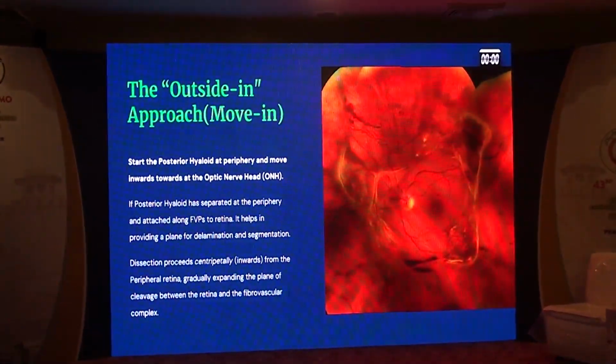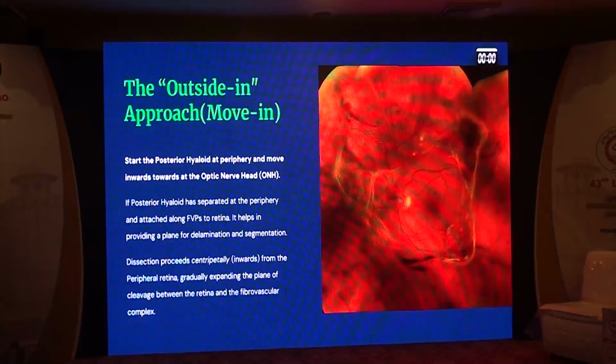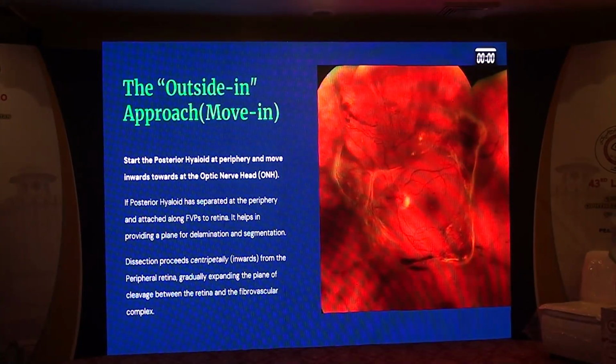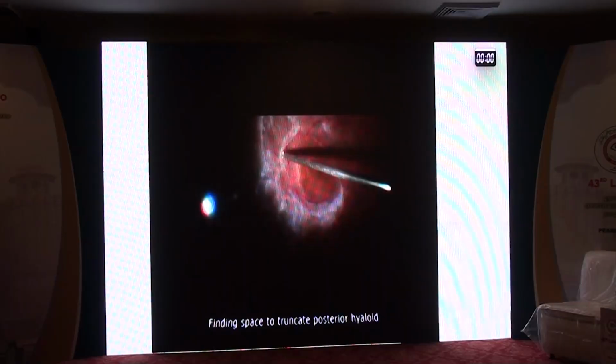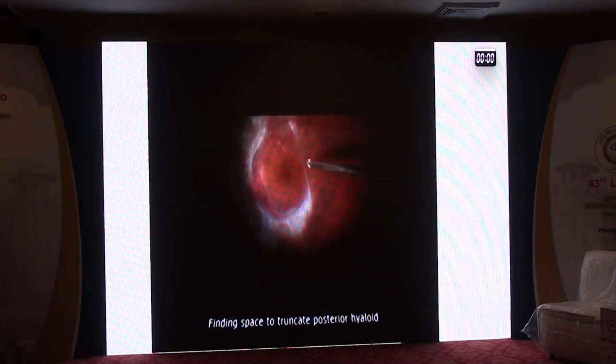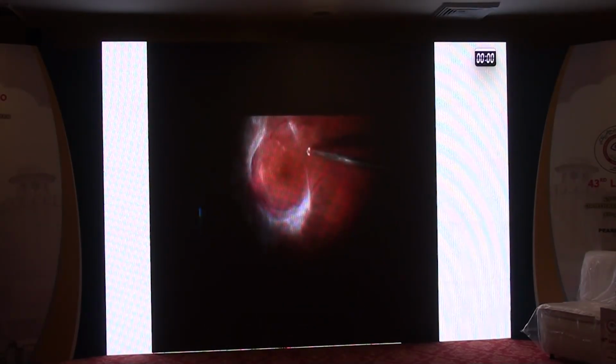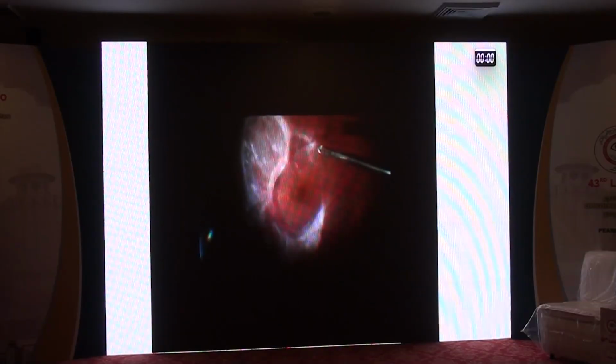So the first technique is the outside-in approach, or the moving approach. We start at the periphery and truncate the vitreous where the vitreous has already detached from the retina, and then we work towards the optic disc. There is a case that I did. We are first trying to find a space between the retina and the posterior hyaloid.